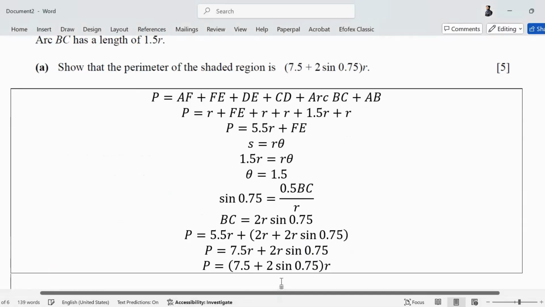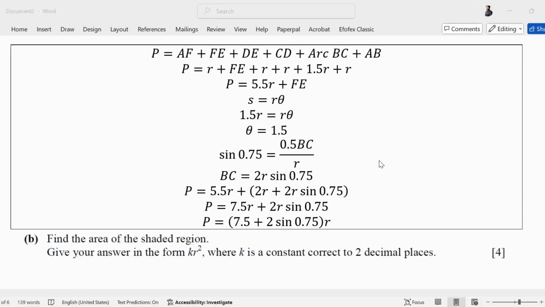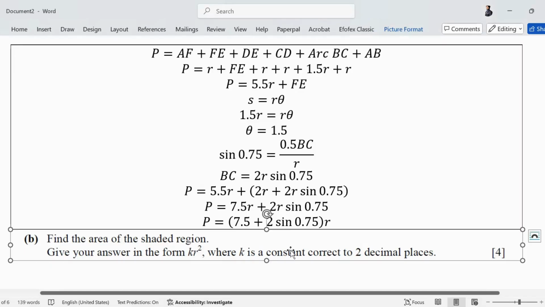Now I need to find the area. In order to find the area of the shaded region, there is no area of an arc. An arc never has an area.